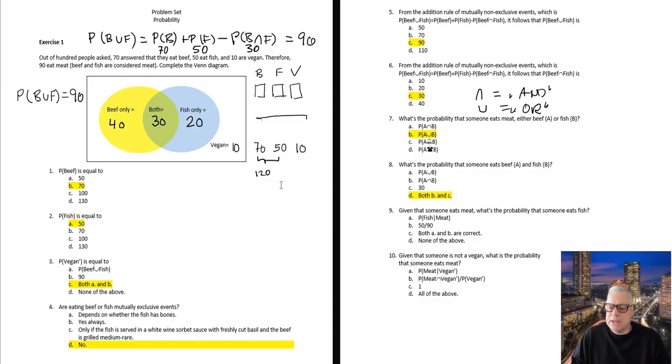Given that someone eats meat, what's the probability that someone eats fish? So if we write that, it's the probability of fish given that they eat meat.